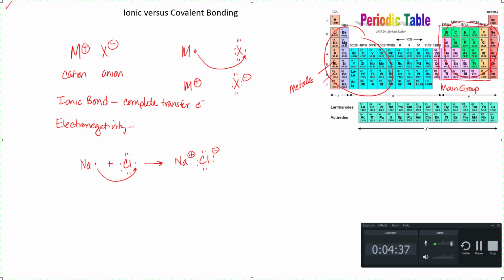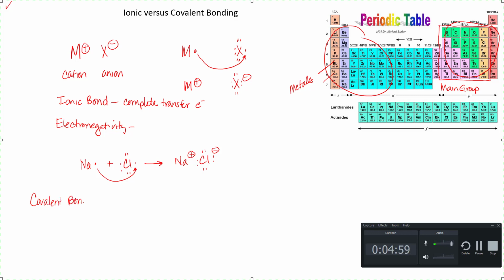So that's how we would form an ionic bond. And to be honest, in organic chemistry, it'll be second semester when we start talking a lot about ionic bonds, because organic chemistry is mostly based upon covalent bonding.